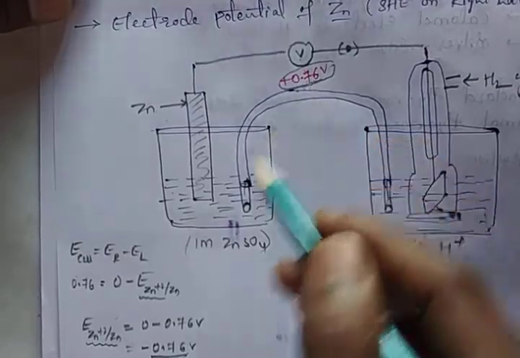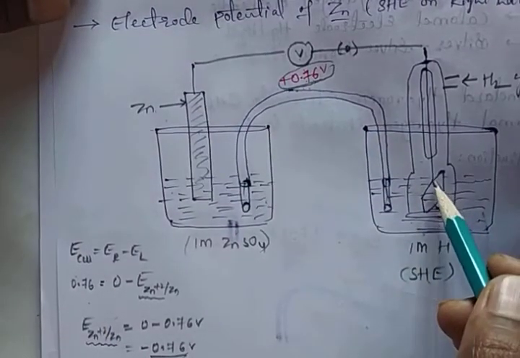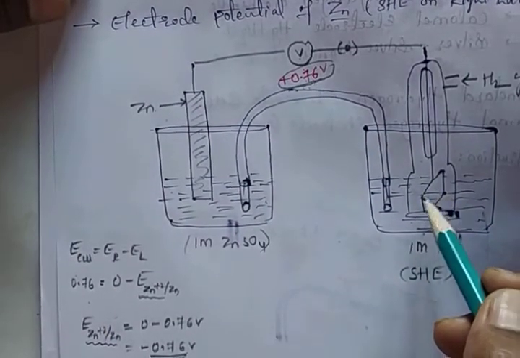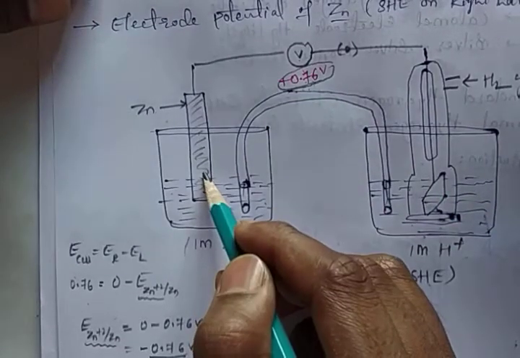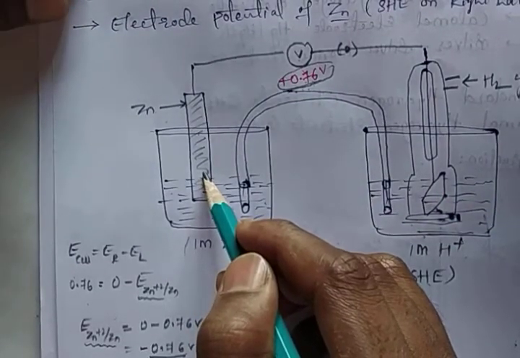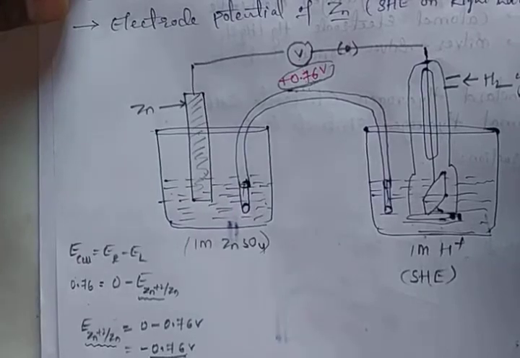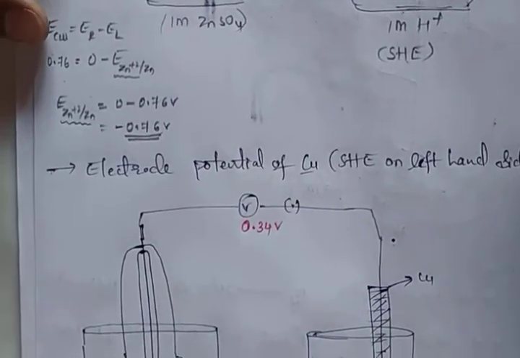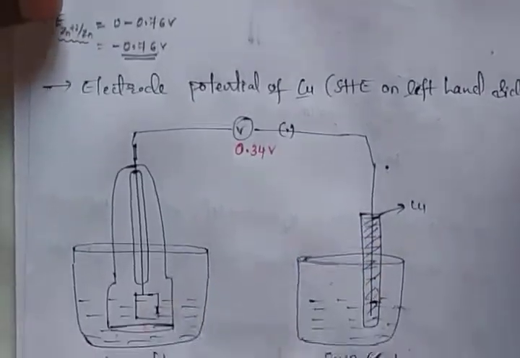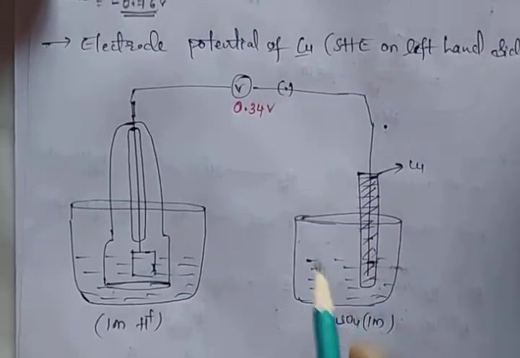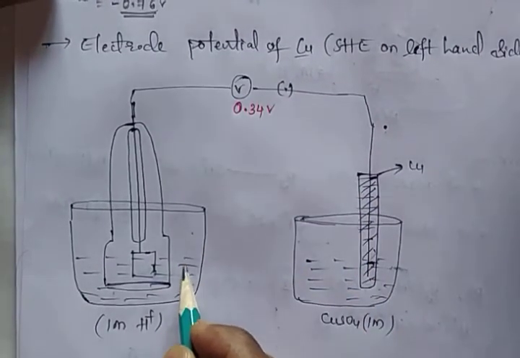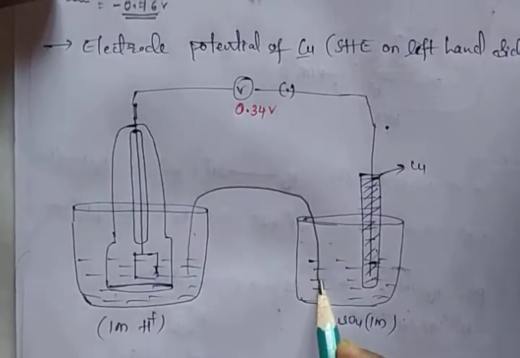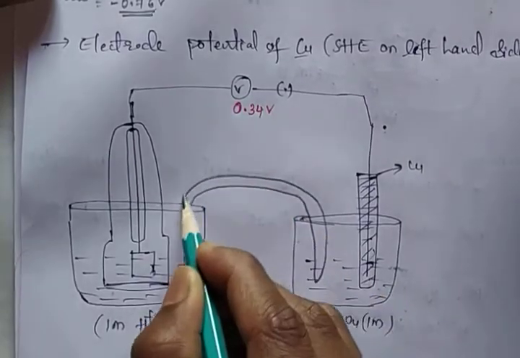So knowing this, since the SHE value is arbitrarily taken as 0, we can determine the electrode potential of zinc. Similarly, you can check here, I have chosen the copper electrode also. The two are internally connected by a salt bridge.